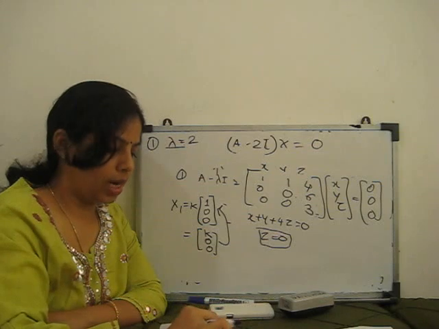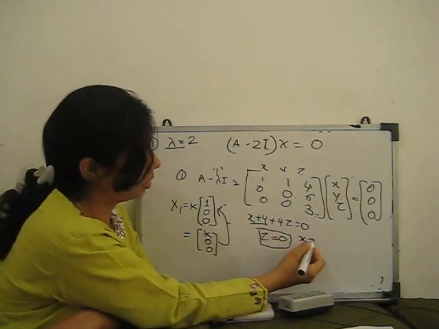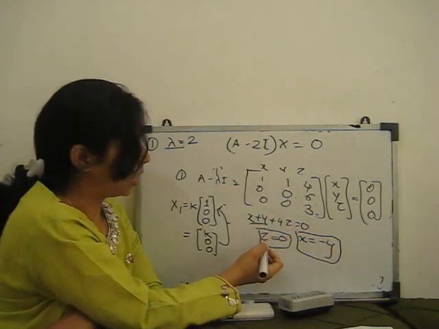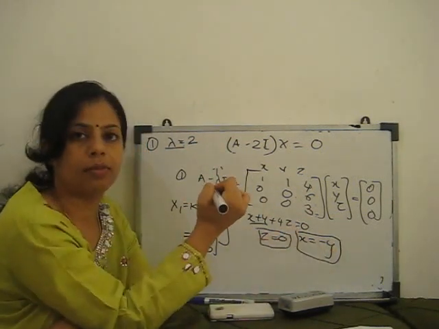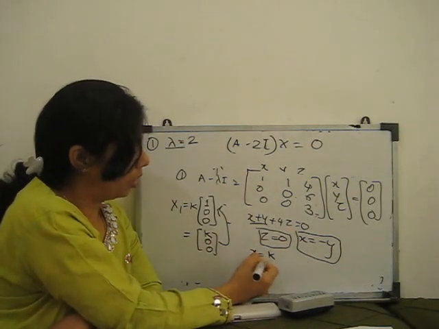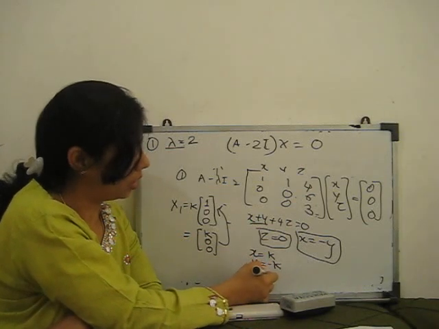If z equals 0, then with the help of this equation, x is equal to minus y. Clear? z is 0, x is equal to minus y. Again, if we consider x equal to k, then the corresponding y is minus k and z is 0.